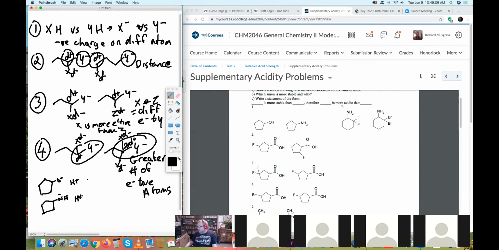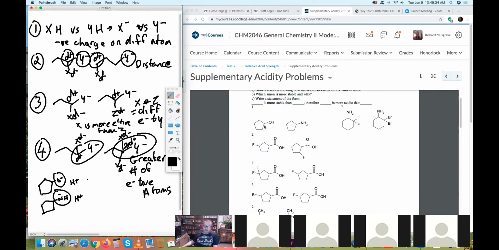So you can hopefully see that it matches scenario 1 because you've got O minus versus NH minus. The reasoning is that O is more electronegative than N, so O negative will be more stable, which means the compound it came from will be a stronger acid. It will produce more H plus. So that's why scenario 1 would work on that one.